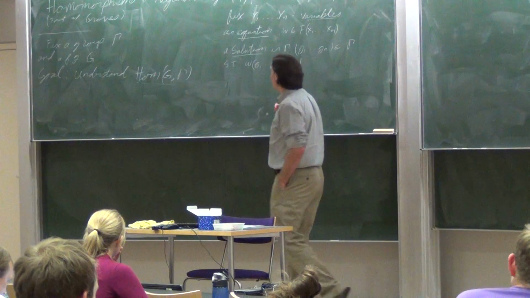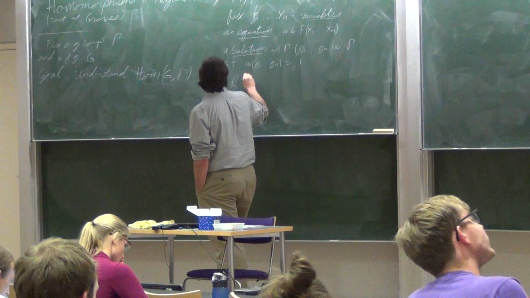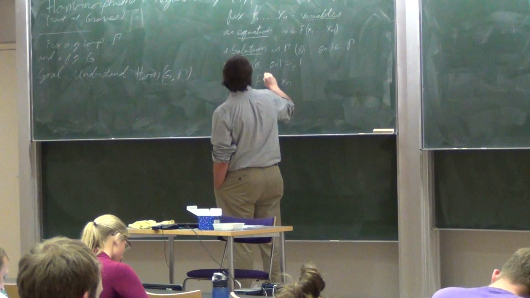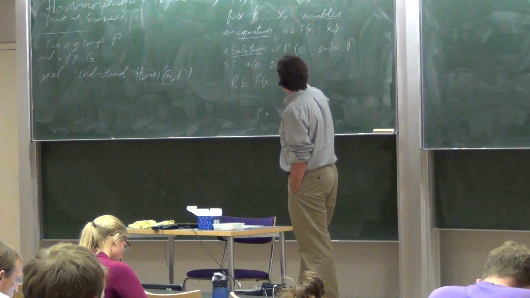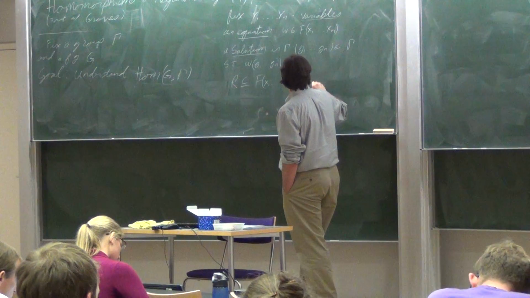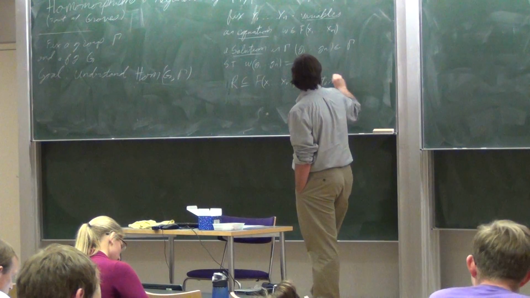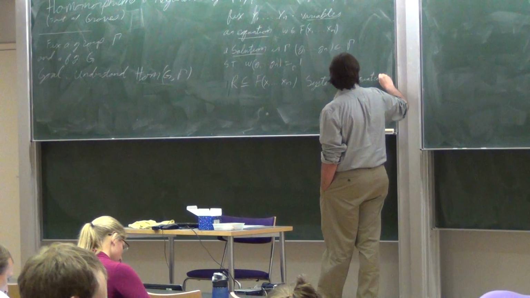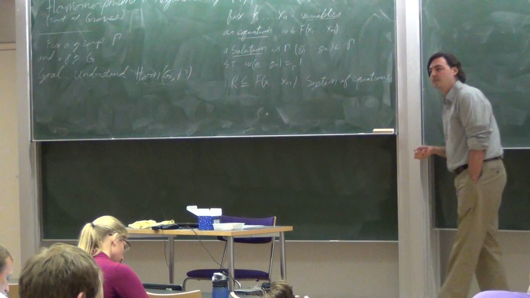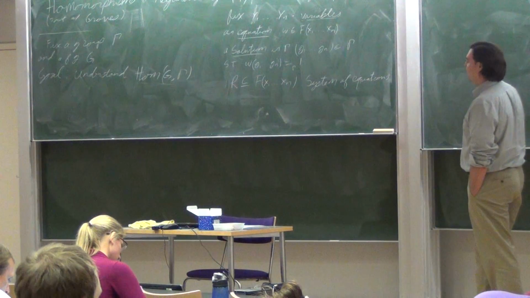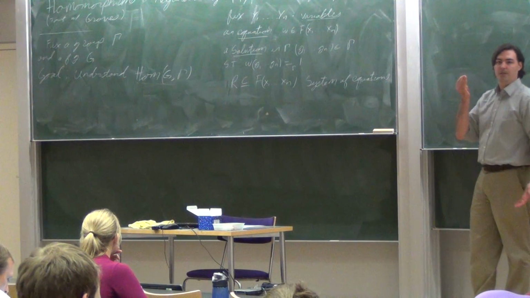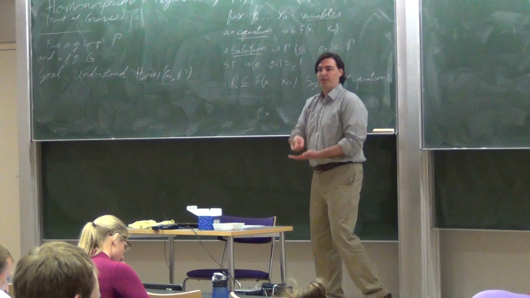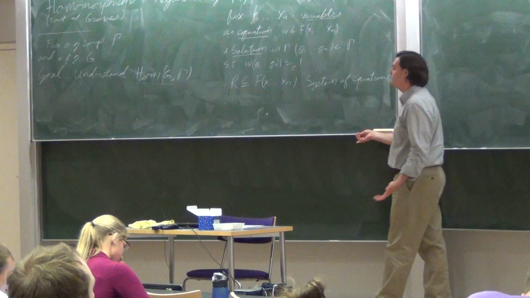And if I have R, some subset of the free group on these variables, I'm going to think of this as being a system of equations. And if you have a system of equations, you can look at the tuples in your group that are simultaneous solutions to all of these equations.